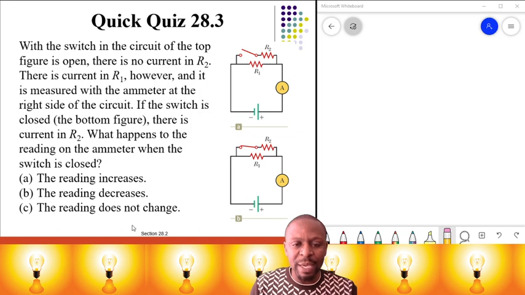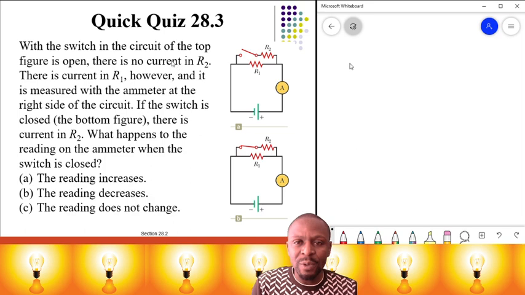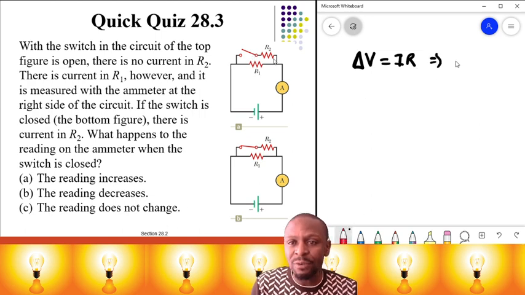Now in this case, we just have to go back to the resistors connected in parallel. Now we know that for resistors, I'm just going to write change in V is just equal to IR. If I want to write the current in this equation, I is just given by the change in V divided by R. But now for the resistors connected in parallel, the R equivalent is going to be less than any of the resistors connected in parallel.